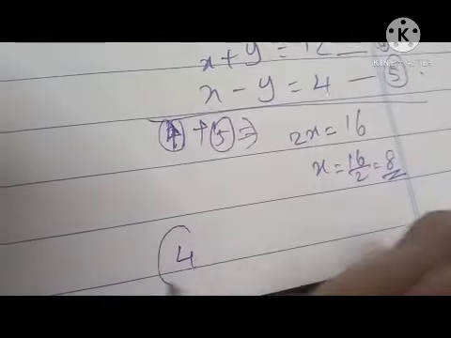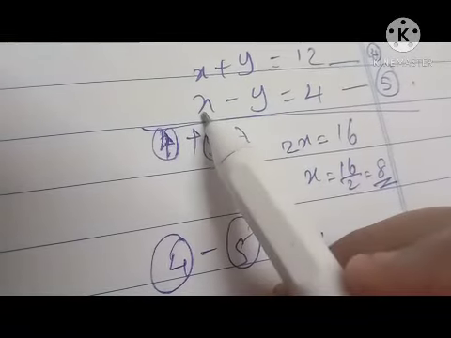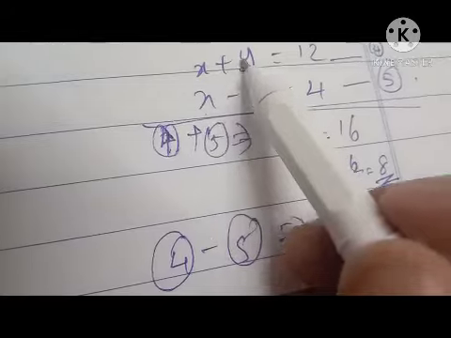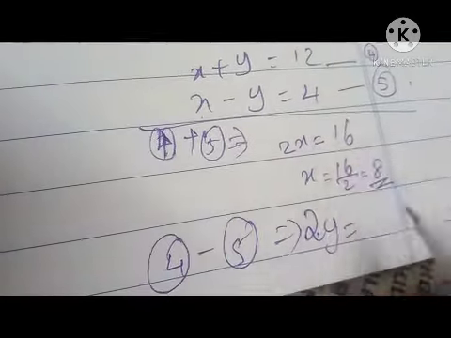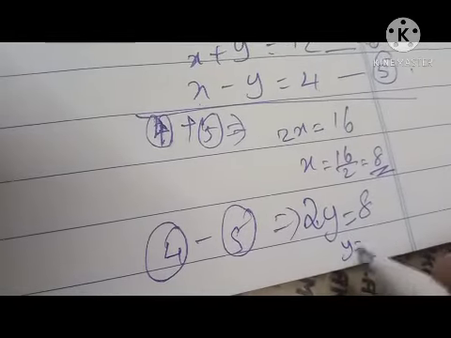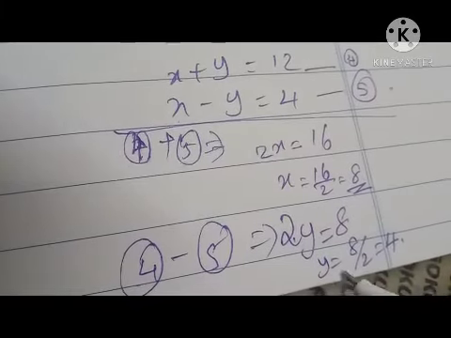When we subtract these two equations, then y minus y will be 2y. So 2y equal 12 minus 4 is 8. So y is equal 8 by 2, that is 4. Here we got x is 8 and y is 4.